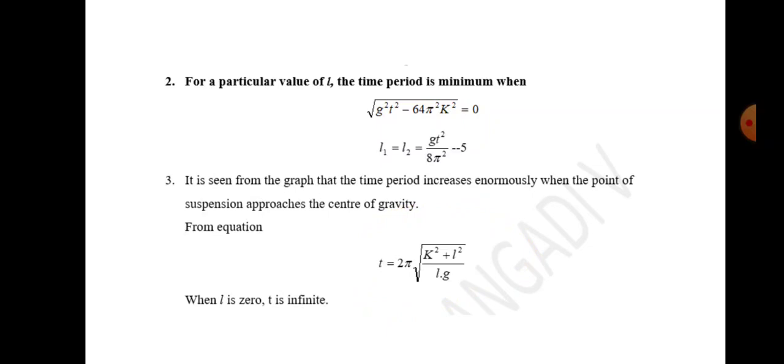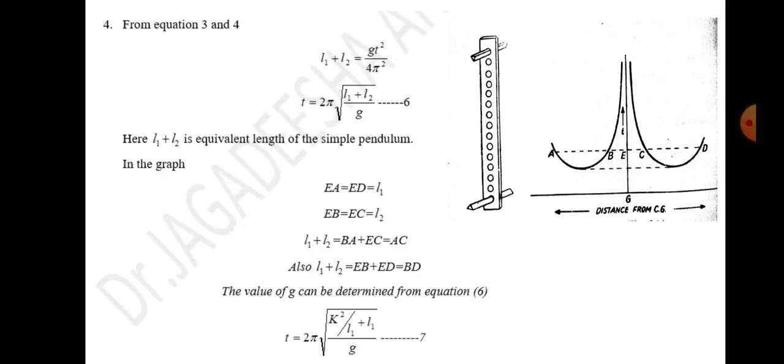When L is 0, T is infinite. In that case L1 plus L2 is equal to gt square by 4 pi square, so T is equal to 2 pi into square root of L1 plus L2 divided by g. Call this equation number 6.